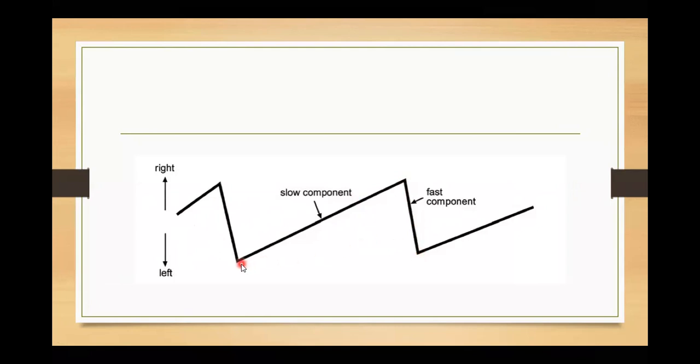The eye movement slowly changes to the right side, and suddenly the eye comes to the left side from the right side. So the fast component is actually towards the left side. So we will call this left beating nystagmus. Is it clear?